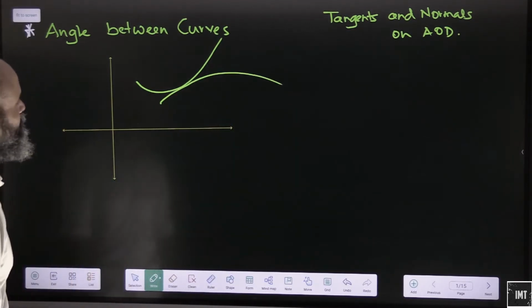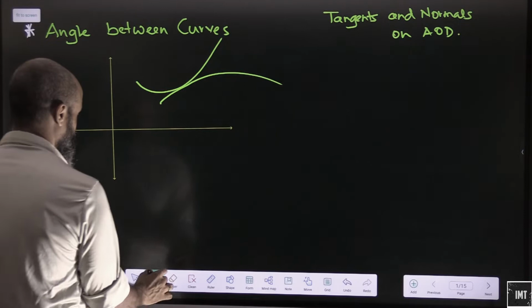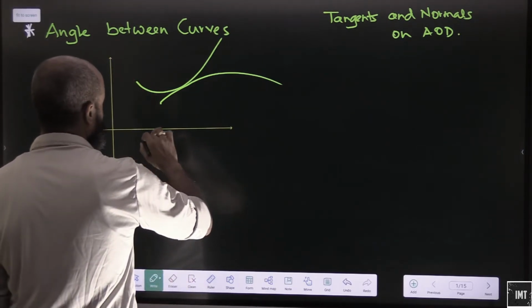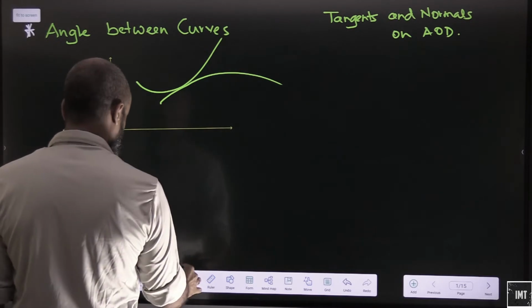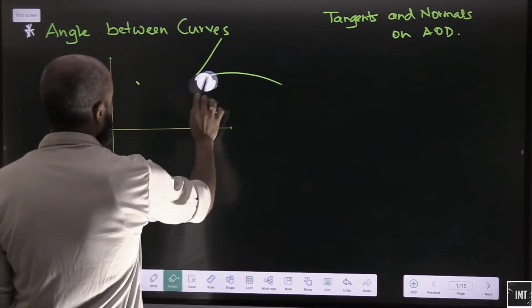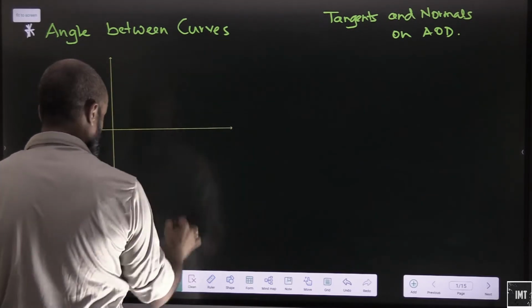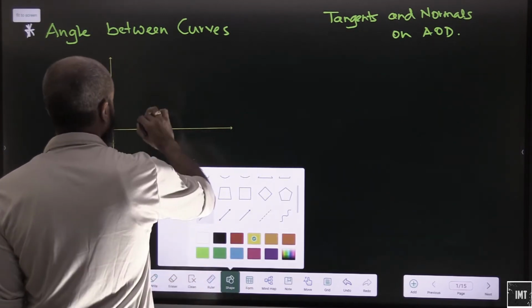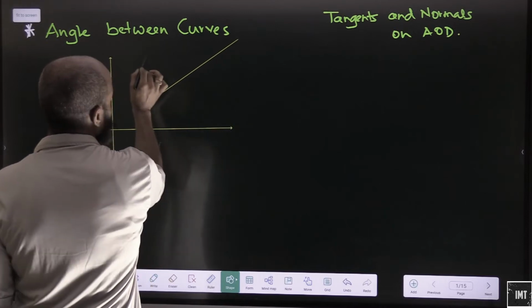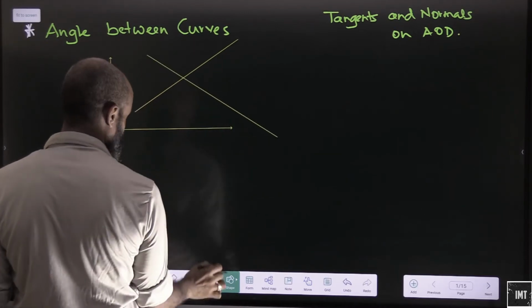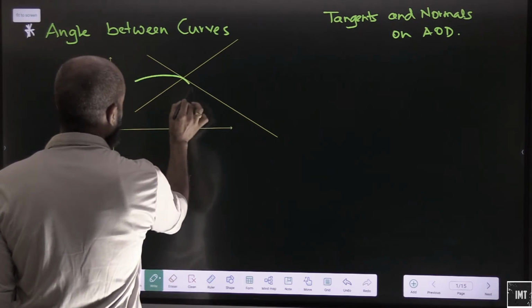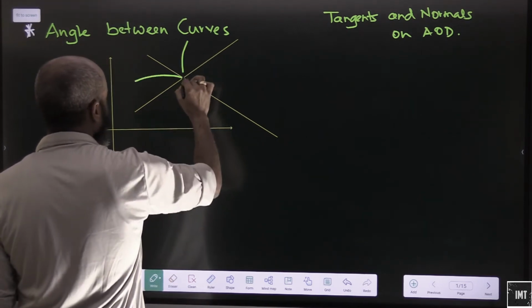If I draw a tangent like this, and a tangent like this, one of the curves is going like this and the other curve is going like this.